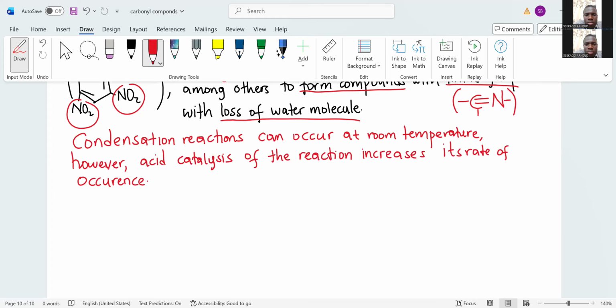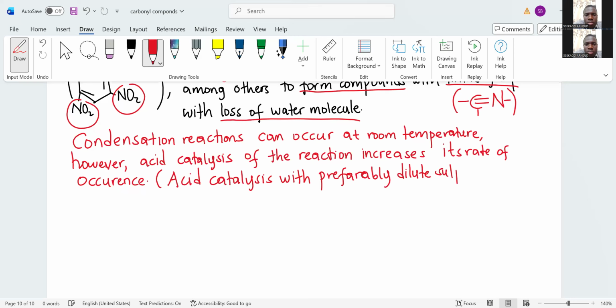So by acid catalysis, I mean acid catalysis preferably with dilute sulfuric acid. Yeah. So now I take some few examples.